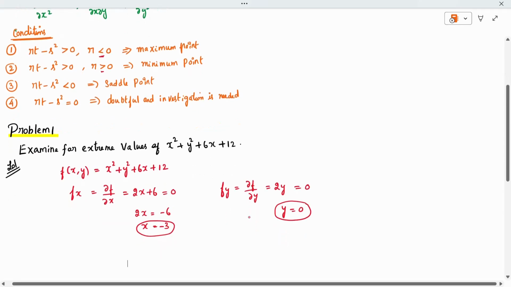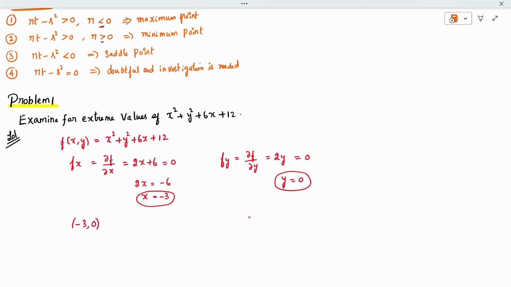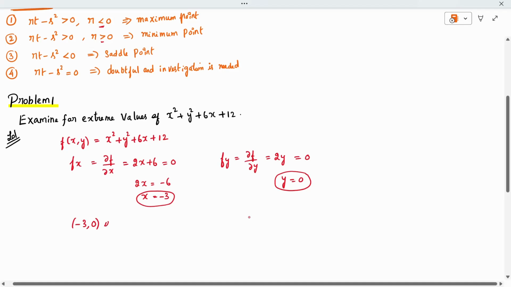Now the point x comma y is minus 3 comma 0. Only one point I am having in this problem. You may have many points in some other question; all the points you have to write as stationary points. So minus 3 comma 0 is a stationary point.